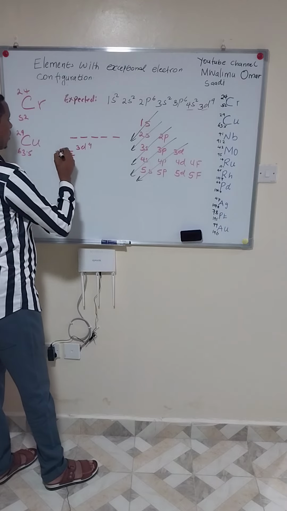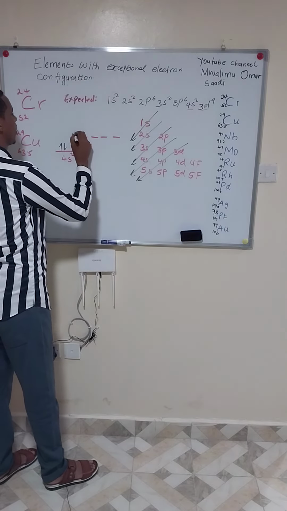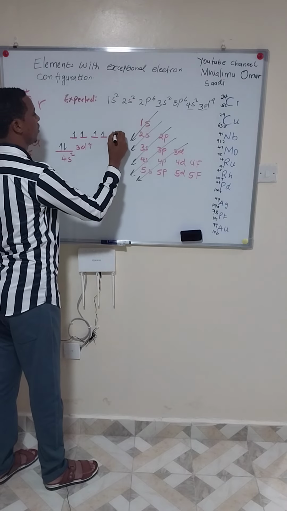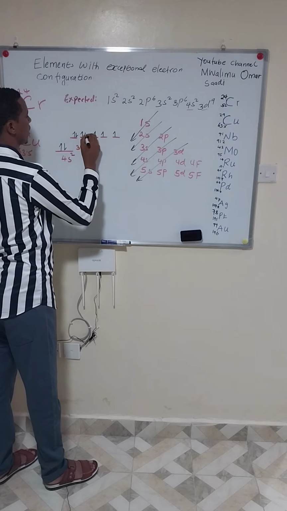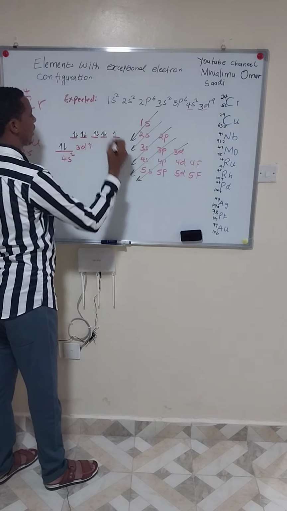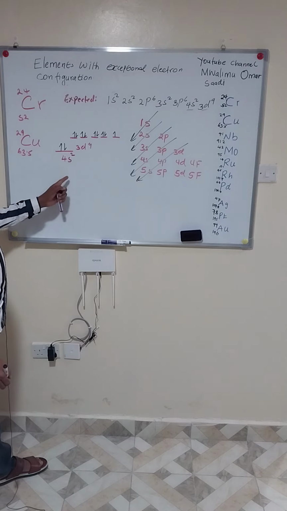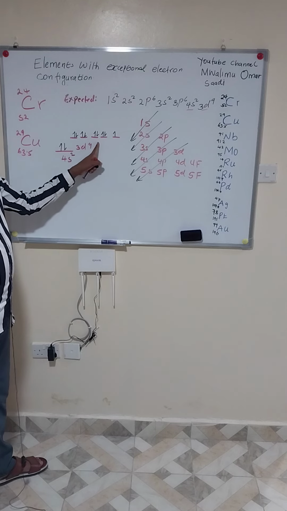So let us fill that with 2 electrons. Here we have 1, 2, 3, 4, 5, 6, 7, 8, 9. So those are 9 electrons in the d orbital. So what will happen now? In this way, d is not stable.